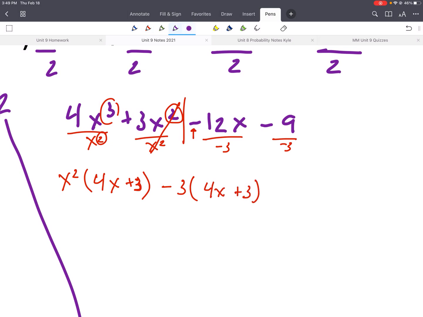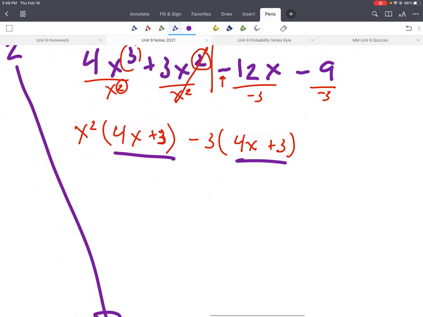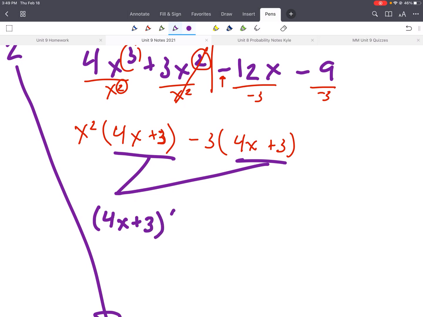As you notice, these are the same, and they gotta be, okay? And like that, we could also factor those out in the front because we have 4x plus 3 on both terms, so we can take those out, and what's left is our x squared minus 3. So this goes like here.